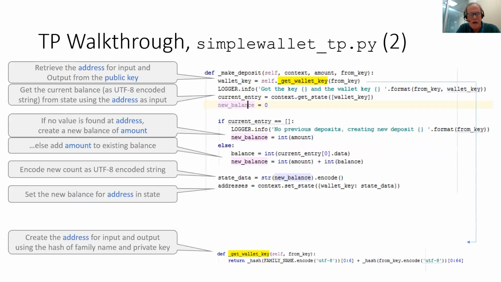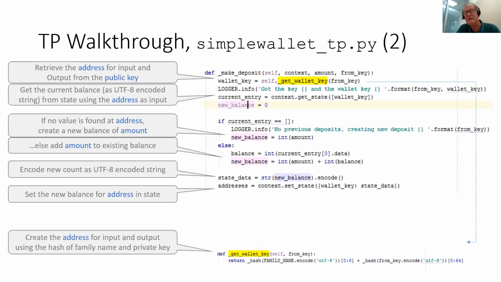So there's a little subroutine we have at the bottom, which is get wallet key. So that's just a simple way of creating the address in global state. And the address in global state is the first 6 characters of the family name of SimpleWallet. That's always the same. It's a SHA-256 hash of SimpleWallet.